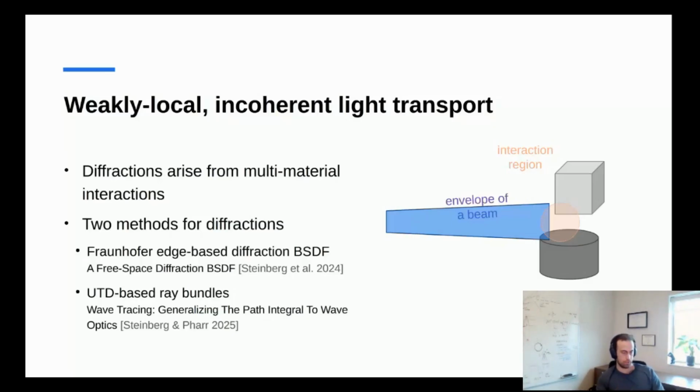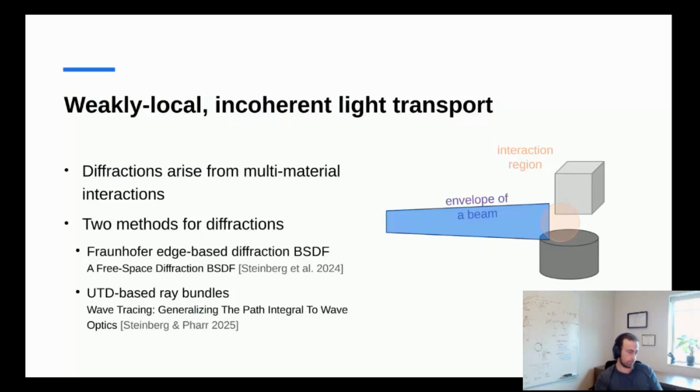For more accurate simulations, what recently has been proposed are UTD-based ray bundles. What this means is that within our envelope of a beam, we actually have a bundle of UTD rays, and the mutual interference between those rays will produce the diffraction patterns, the diffraction effects.